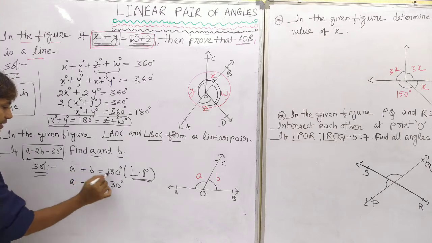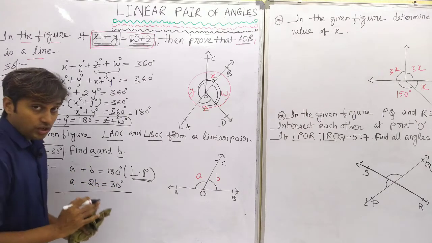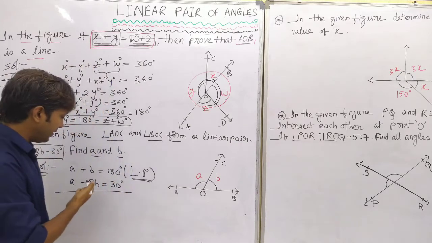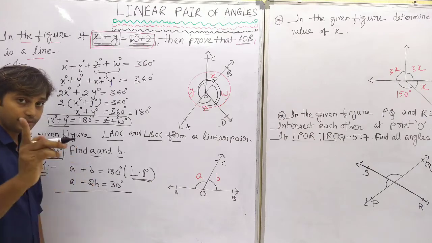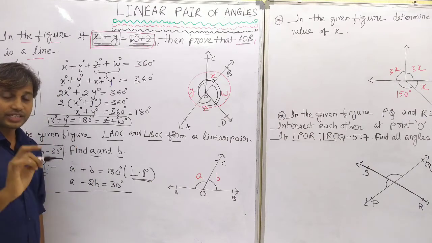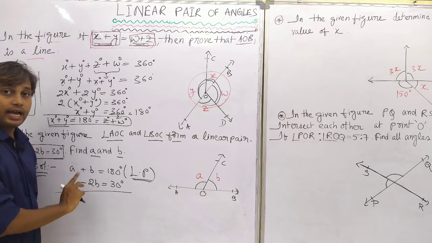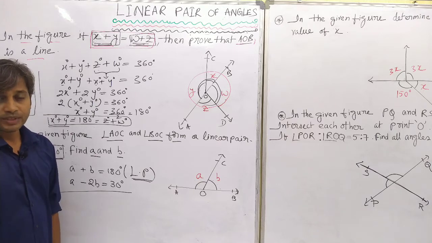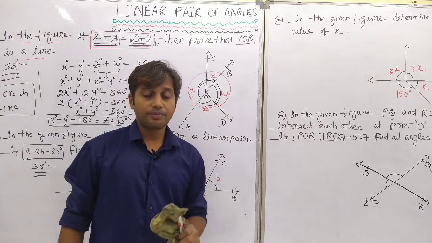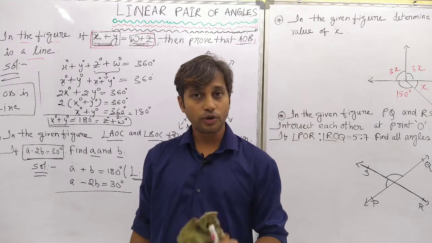Now here we obtained two conditions. On solving these two conditions, these are linear equations in two variables, A and B, first degree equations. On solving these two linear equations, we can obtain the values of A and B. As you are beginners in mathematics in 9th standard, I am explaining very slowly.